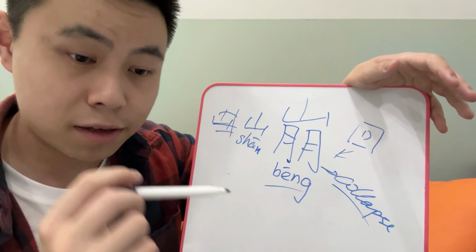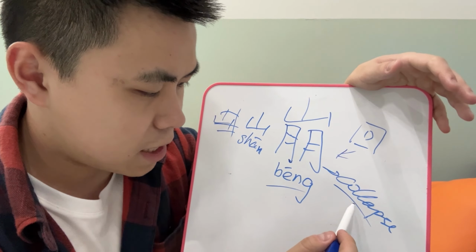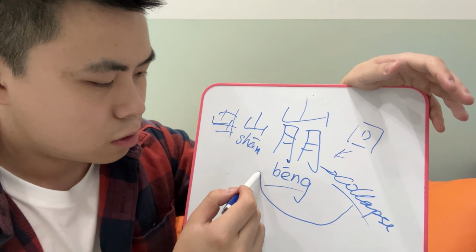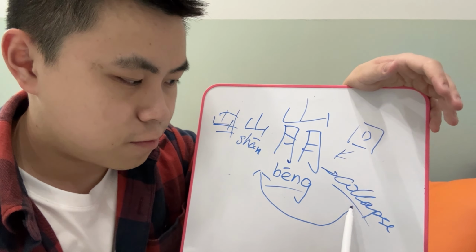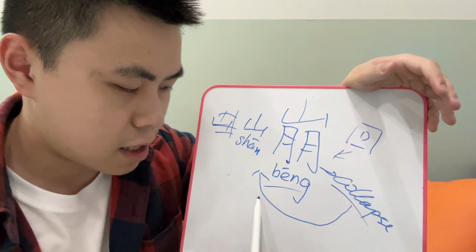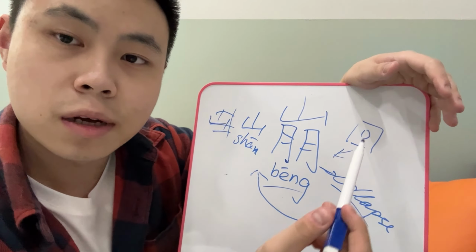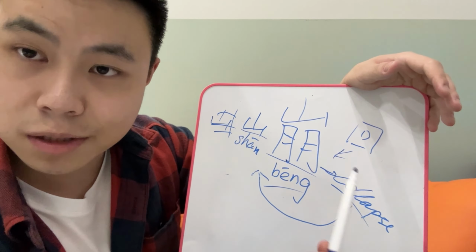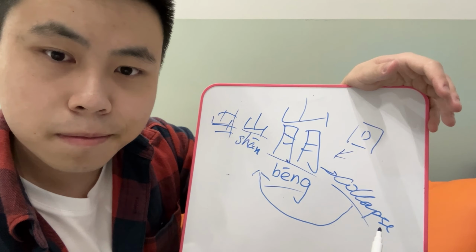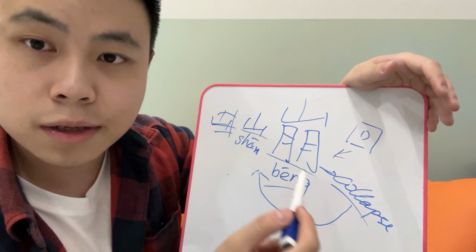So at this time, you go back to the original term. Now from the meaning, you go back to the original term. You find it. Mountain collapsed. Okay. Mountain collapsed.